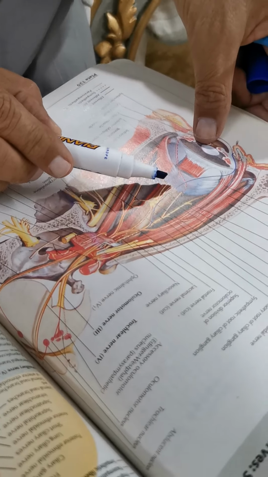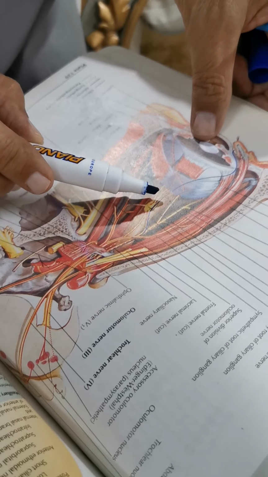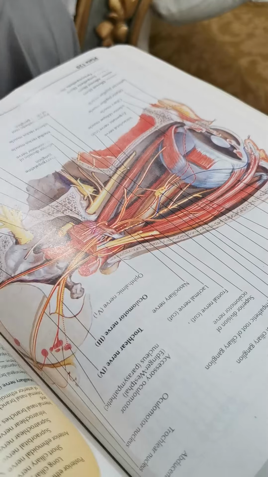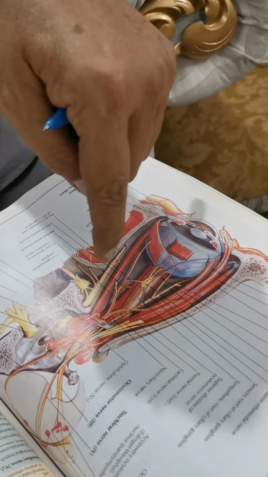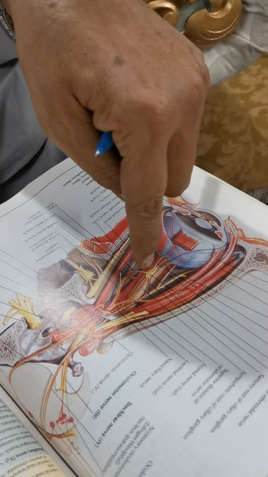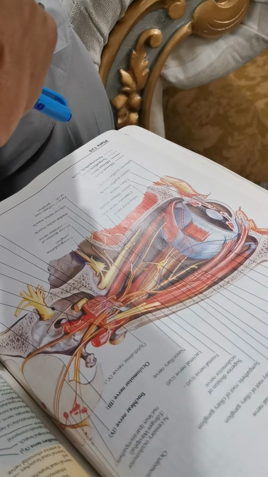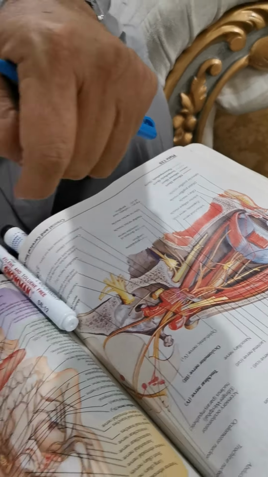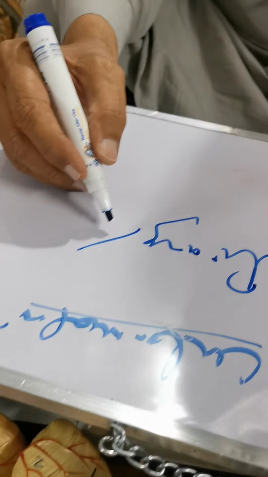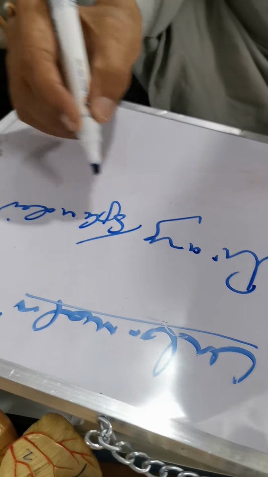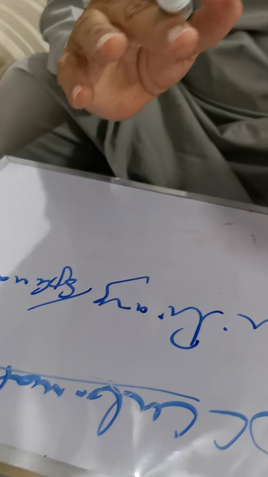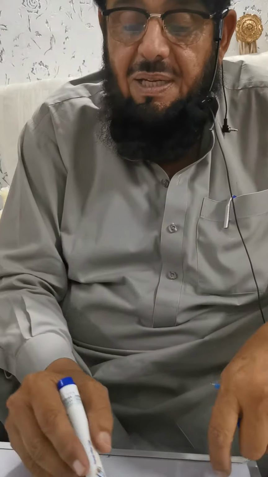You can see these branches, these are called the short ciliary nerves, which are the parasympathetic postganglionic fibers. After relay in the ciliary ganglion, these supply, number one, the sphincter pupillae muscle, that is, it causes constriction of the pupil.